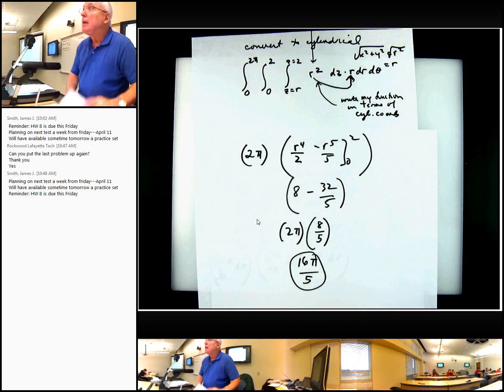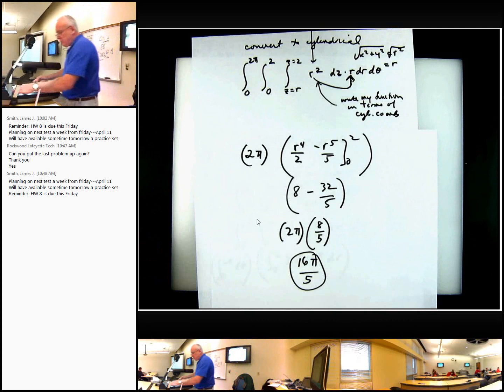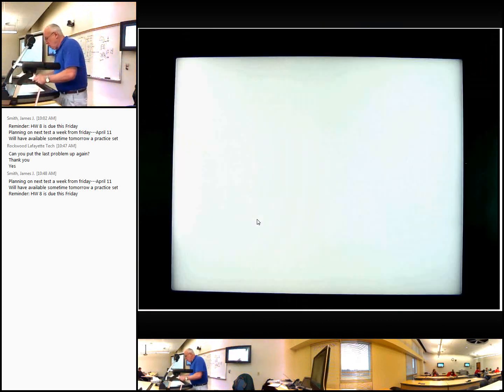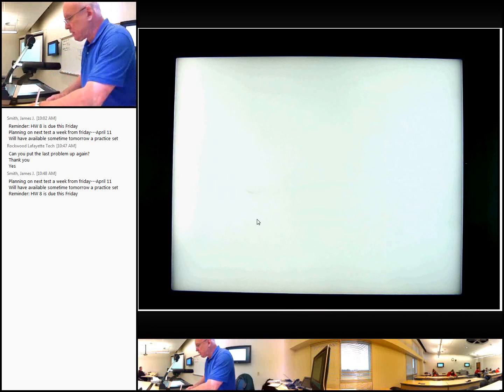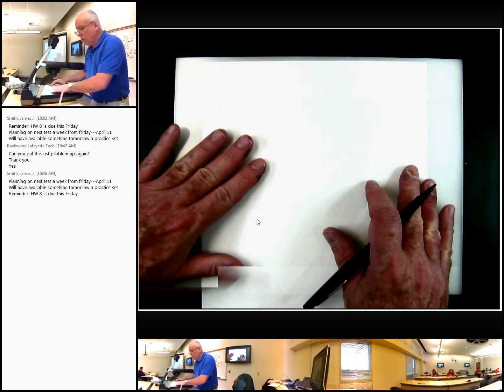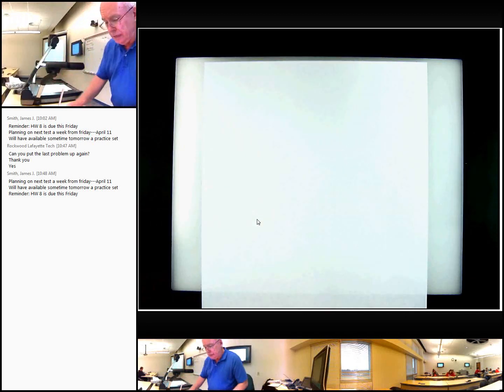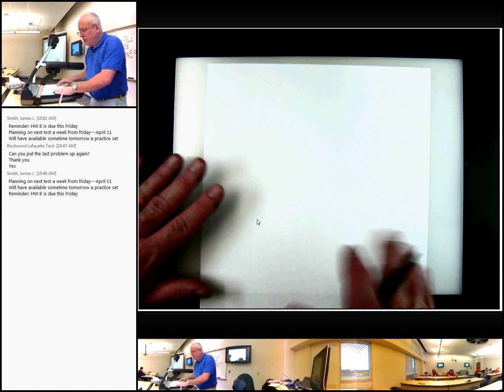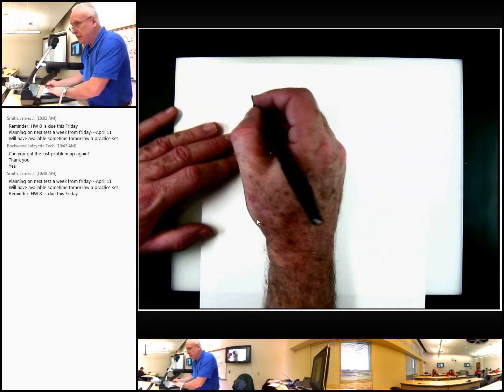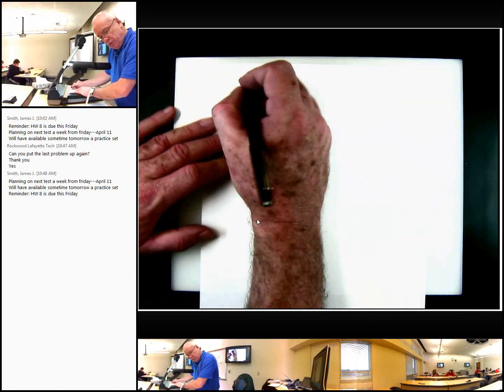Okay. Now I have just one other problem for this section. The only thing this section does is transform polar into 3 dimensions, so there are really only a couple of problems I need to go over.